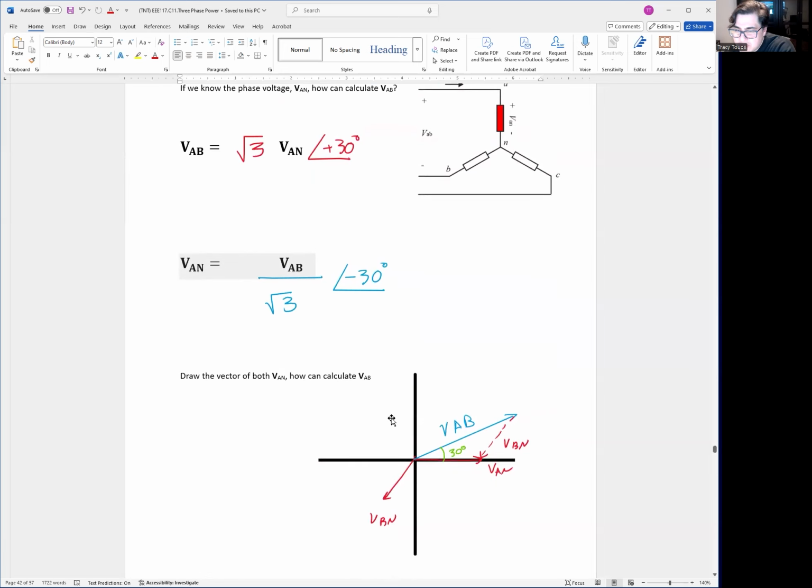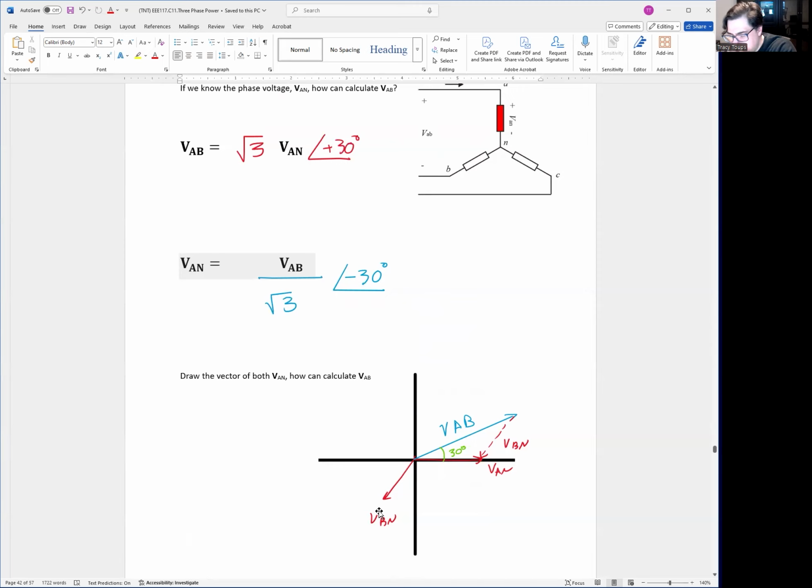Vectorially, what's happening is VAB is VAN, this red vector on the x-axis, minus VBN. We know VBN is 120 degrees off, but how do you vectorially subtract things? You take this vector and slide it onto the first vector and have the arrows point at each other. That's how you subtract vectors.